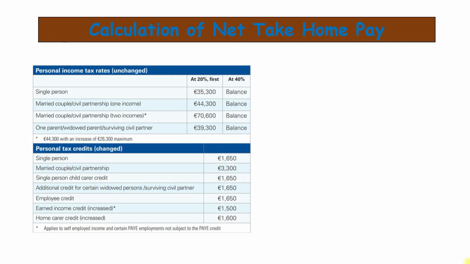Before we look at finishing this part of the assignment, we should take a moment to look at the published standard rate cutoff points and tax credits. This is part of your blue page, which is a page published by KPMG each year, showing the rates for that year. As you can see, the single cutoff point for this year is $35,300.